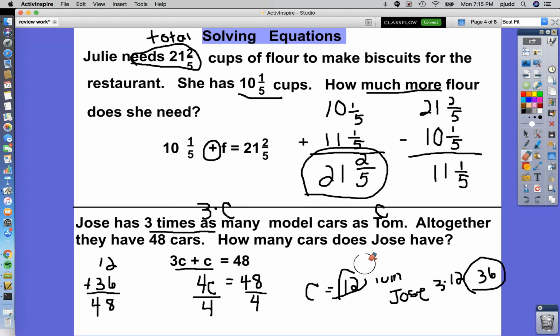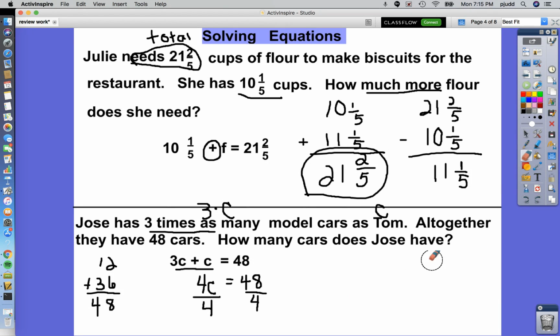I also know that I can plug the variable that I got, or the answers that I got, back into my equation, and it should balance.